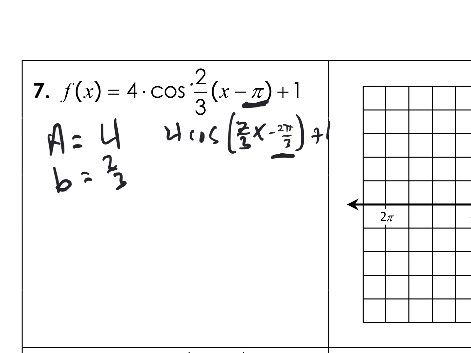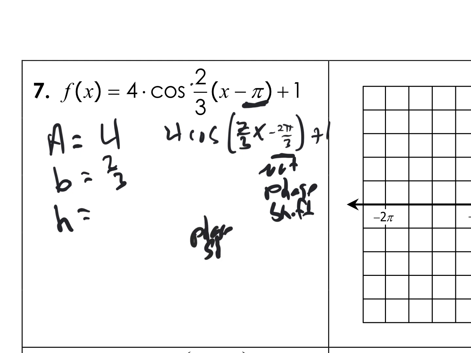This is not the phase shift because the B wasn't factored out. FYI, we're doing you a favor. We factored it out for you. But it could very well be possible that you see one that is not. All right, so B is 2/3. And what was my H? That's my phase shift. How much? Positive or negative?